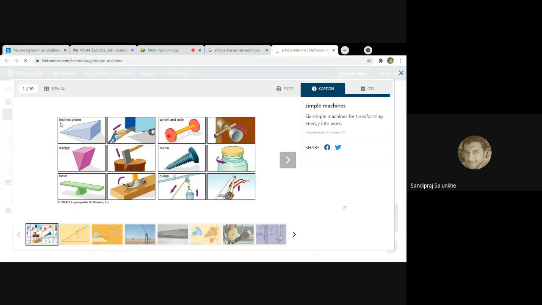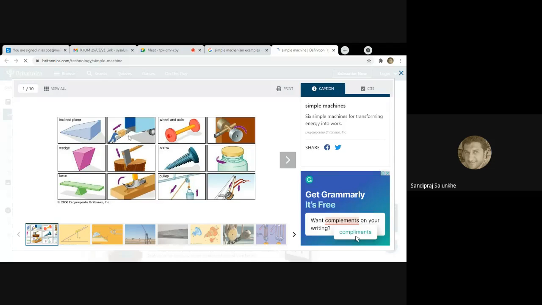See, the inclined plane is a simple mechanism by means of which we can travel a distance and push a very heavy load. Then wheel and axle, somebody has given the example. Then the wedge, which is a very simple example. Seesaw, somebody has given the example. I think you might have searched on Google.